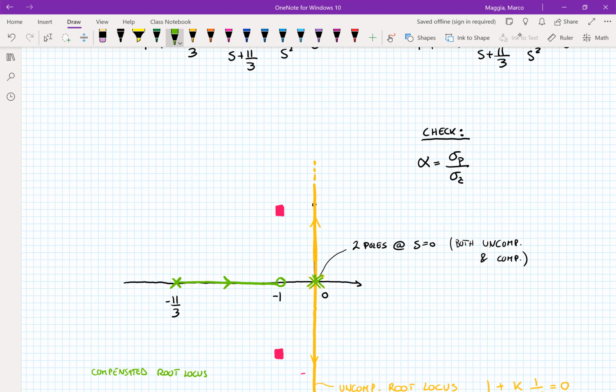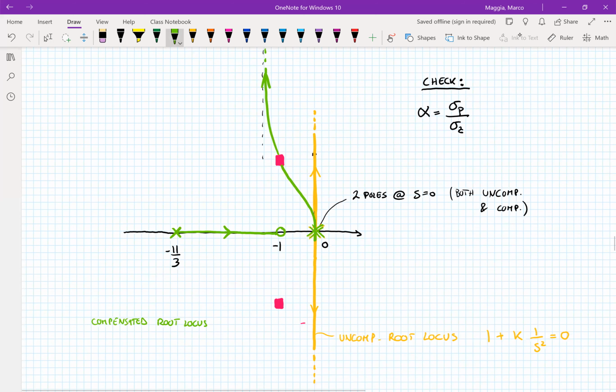And they will leave perpendicularly to the real axis, but then they will bend and they will pass through the dominant poles. And you can also calculate the exact location of the centroid of the asymptotes. So you'll see what the two branches of the compensator root locus will go towards.